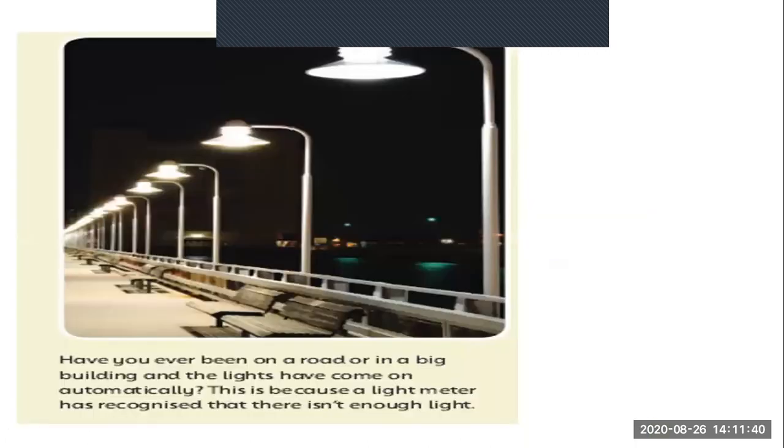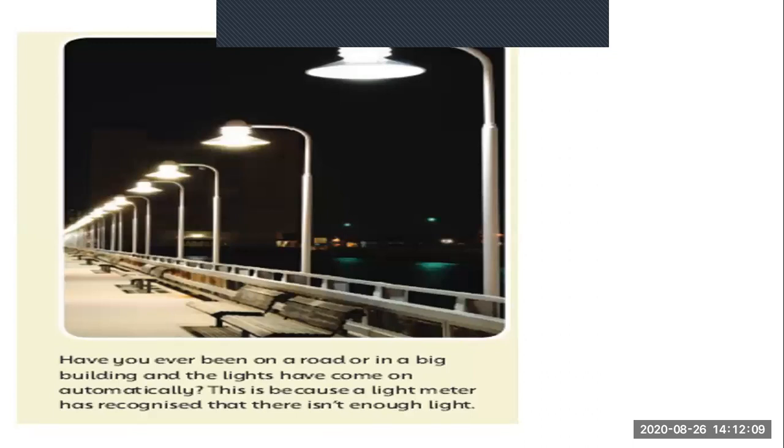And we also mentioned the lights near the road or near big buildings. They work automatically because they contain light meters, and with the light meters they recognize the light. If there isn't enough light, they turn on automatically.